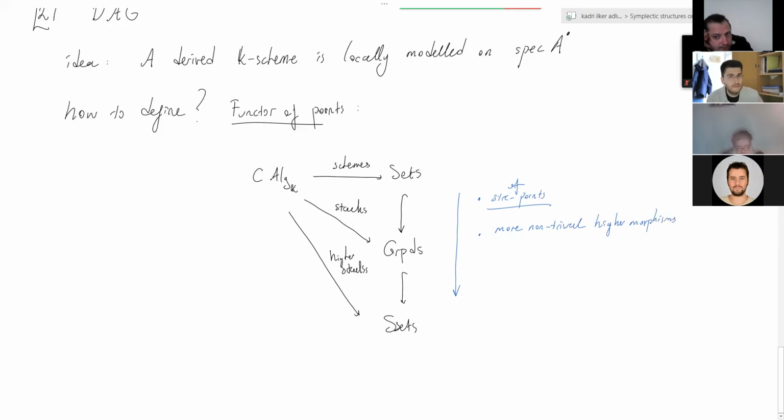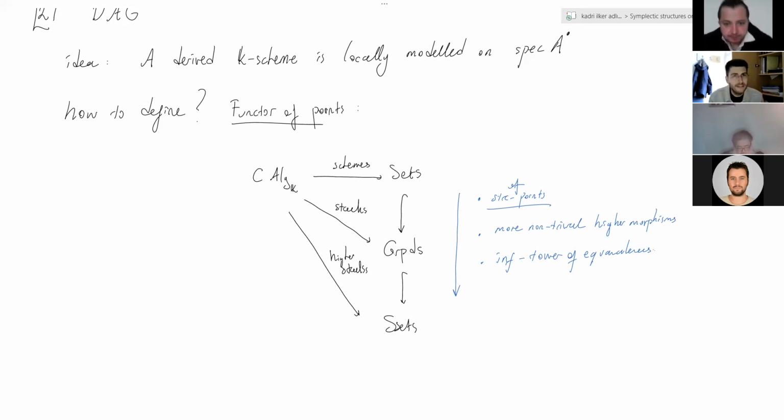What does it mean? Maps between maps between maps, right? And this gives you the notion of an infinite tower of equivalences. For instance, you may ask when two points are equivalent: if there exists a path between them. Then you may ask when two paths are equivalent: when there is a homotopy between them. And then you may ask when two homotopies are equivalent: there exists some higher morphism between them. And this is exactly the meaning of the infinite tower of equivalences.